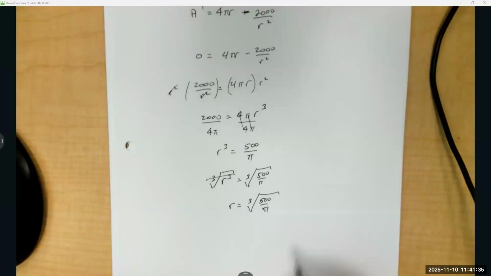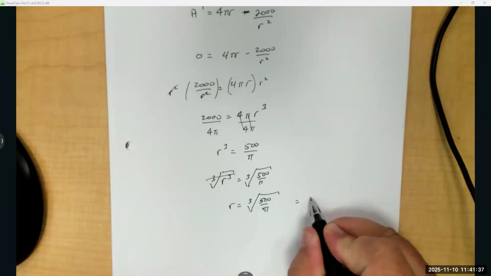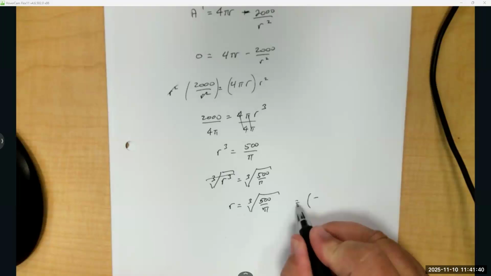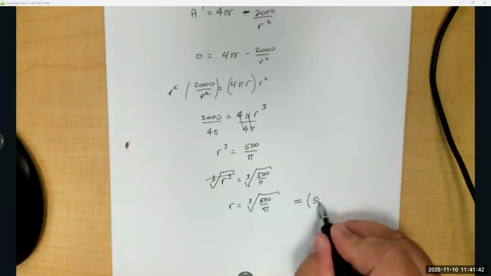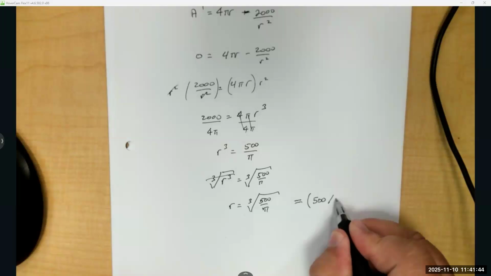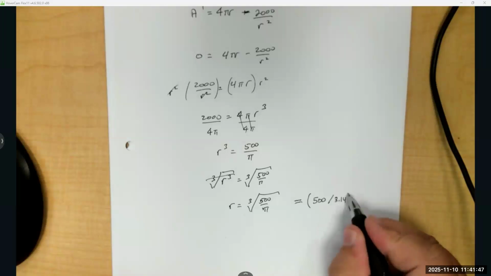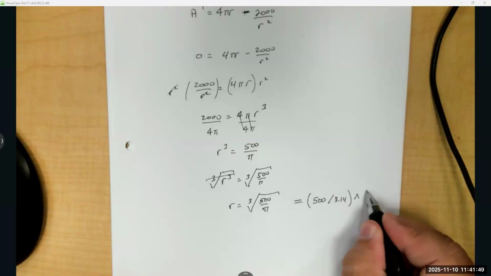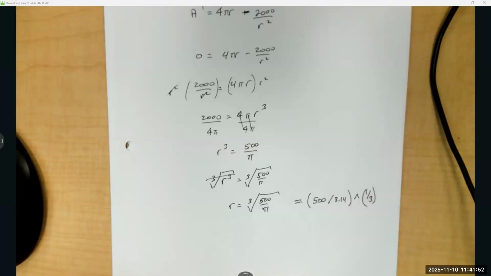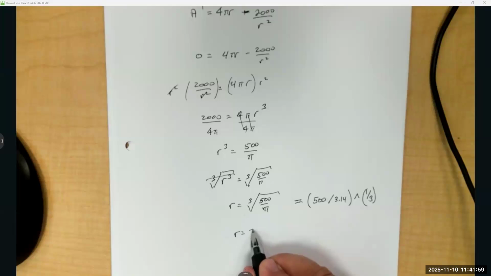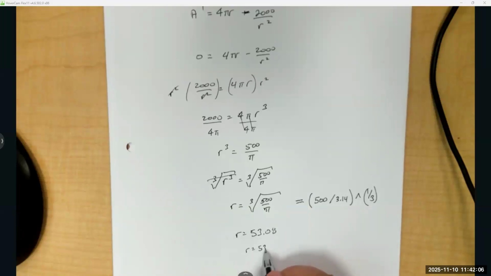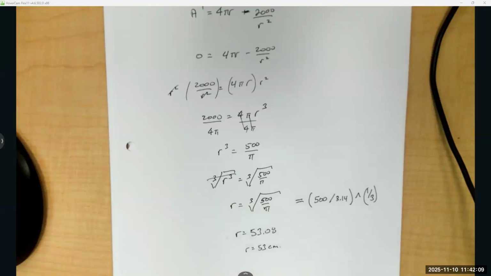You can put equal sign first, so that tells you it's an equation. 500 divided by 3.14 to the power 1/3. Yeah, because it doesn't have a cube root function. So this will be something like 53.08 or 53 centimeters.